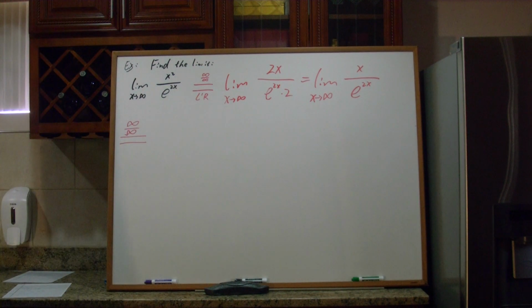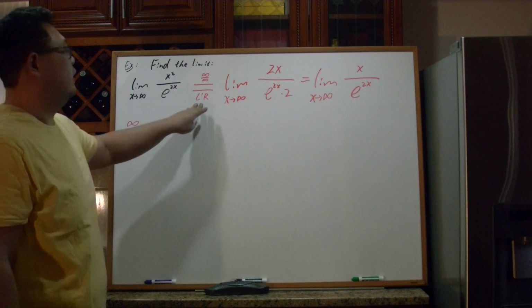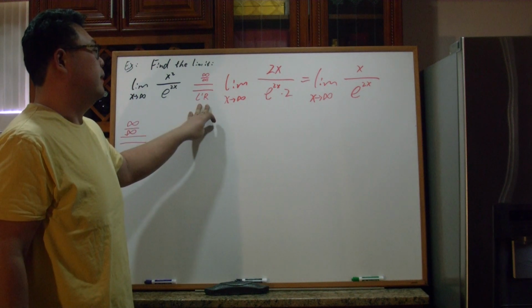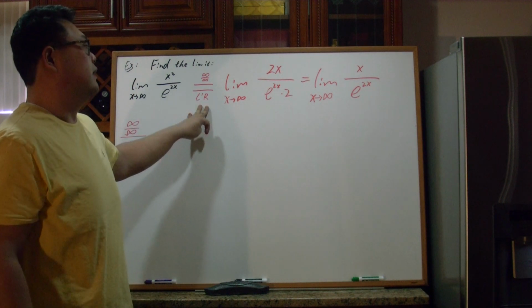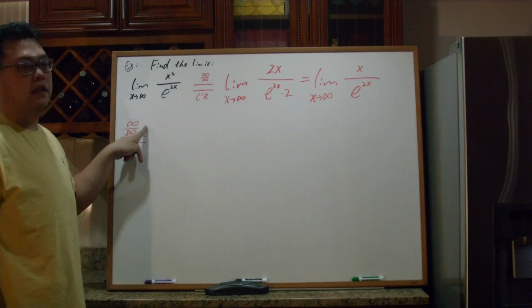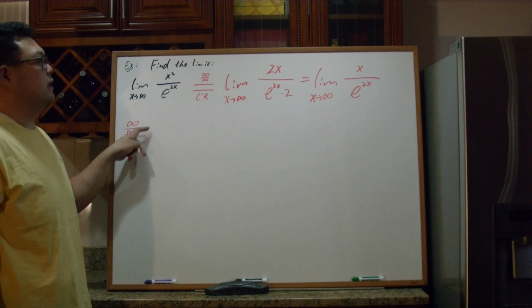Well, what L'Hopital's rule says is, if the ratio of two functions is indeterminate, then we find the ratio of the derivatives of them. Right? That's what the L'Hopital's rule says. It doesn't say it can only apply once. It can apply many times as long as the condition of indeterminate form is satisfied.